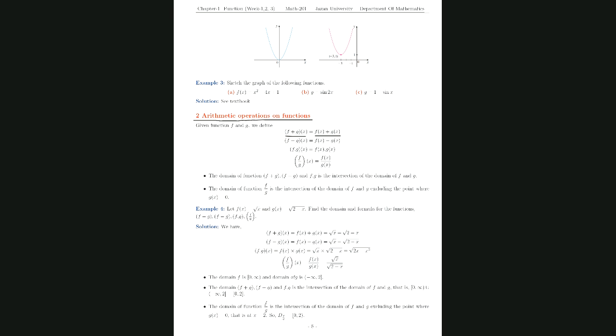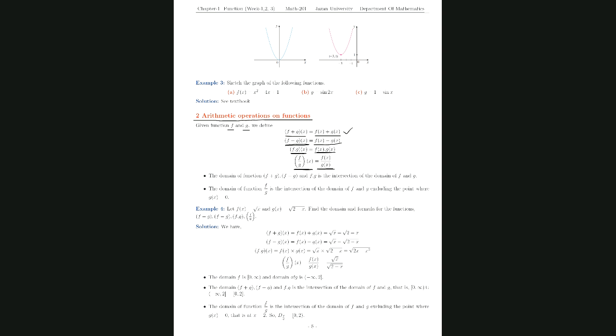If there are two functions, one function f and another function g, then how to add the two functions: (f plus g)(x) equals f(x) plus g(x). Remember this. And if it is minus, (f minus g)(x) equals f(x) minus g(x). And if it is multiplication, (f times g)(x) equals f(x) times g(x). And if it is division, (f over g)(x) equals f(x) over g(x).